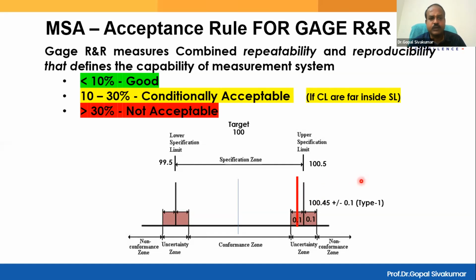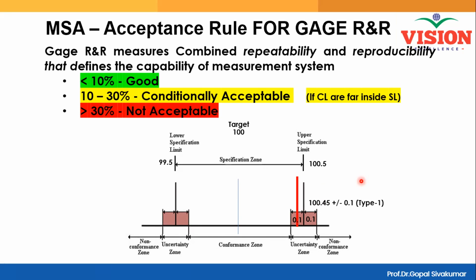Tell me, what will you do if your quality inspector records 100.45 as 100.55? Will you accept the product or reject it? Reject the product. But what is the reality? Your product is actually good. A good product is getting rejected because of the measurement error.